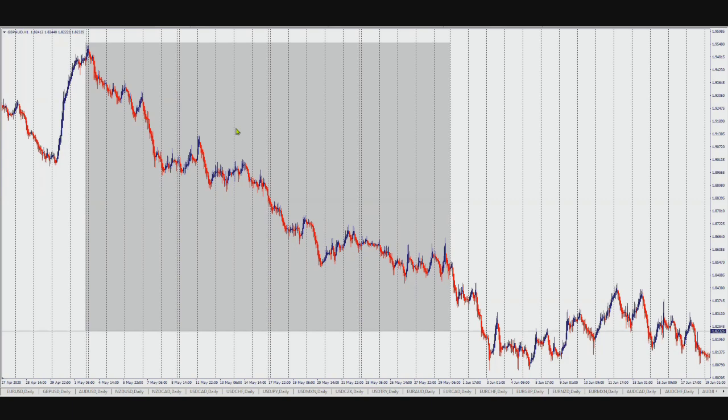Now, as a Forex trader, a stock trader, a Bitcoin trader, or an options trader, your only job as a trader is to buy or sell at the high or low of the session that you're trading.